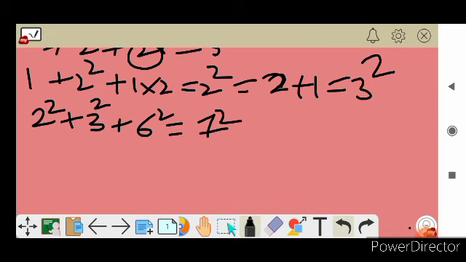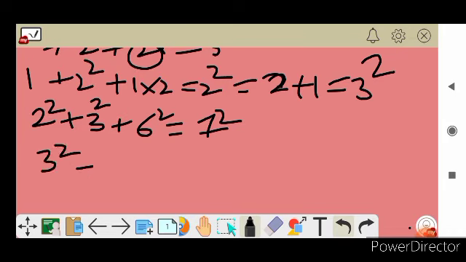We observe that 2 multiplied by 3 is 6, raised to power 2, and adding 1 to 6 we get 7, raised to power 2. Okay, so the pattern is used in each line.